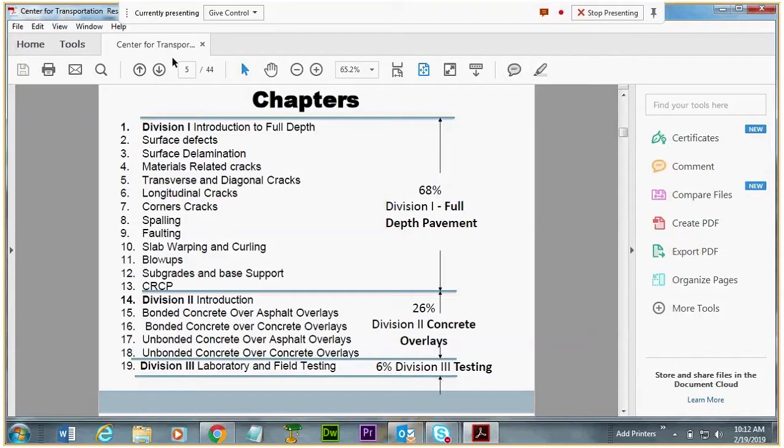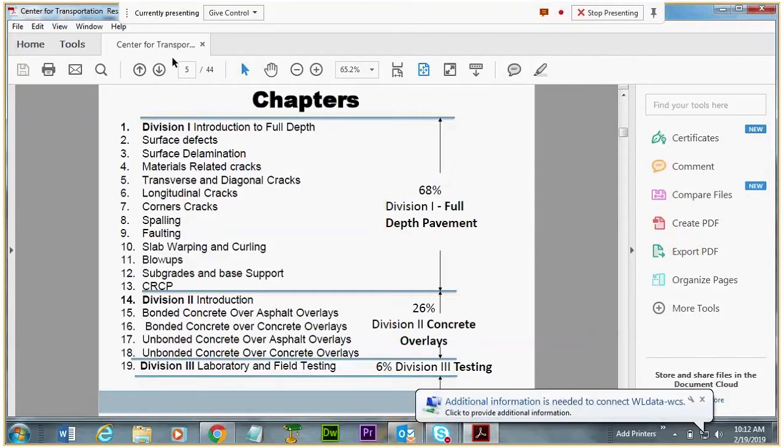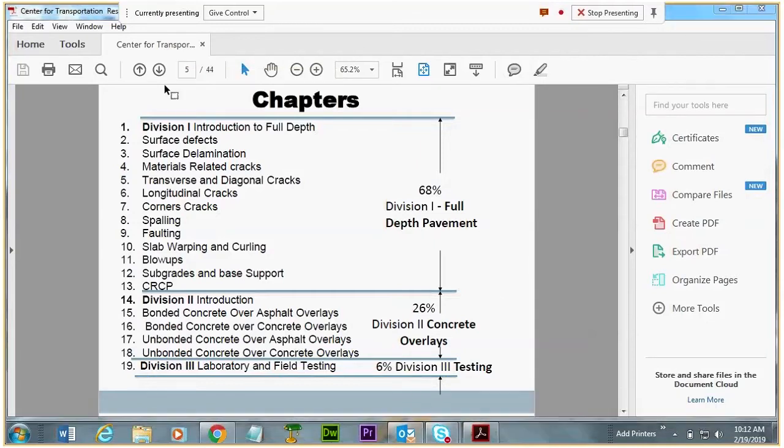And then the last division, which the committee felt was pretty important, is laboratory and field testing, which allows an individual to go into that section of the manual and understand some of the testing and some of the nuances of that testing that need to be included.